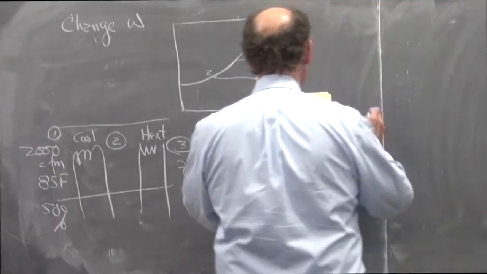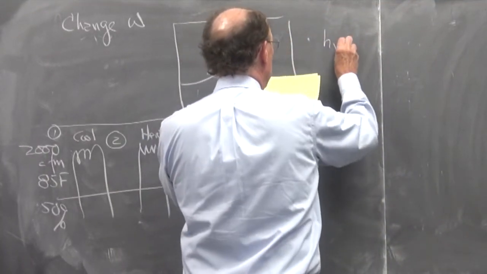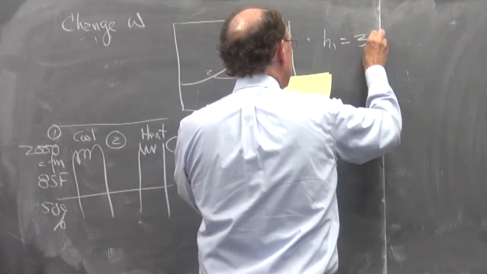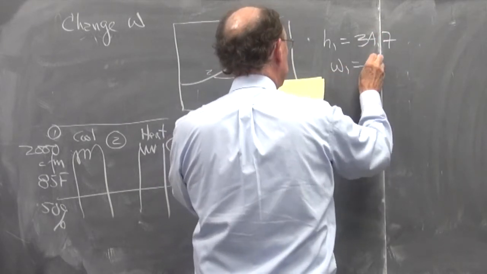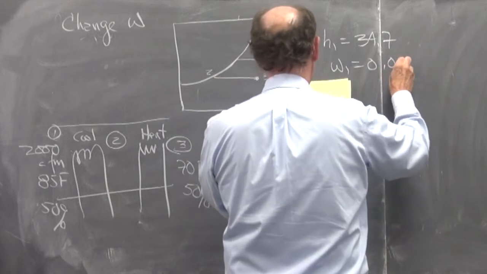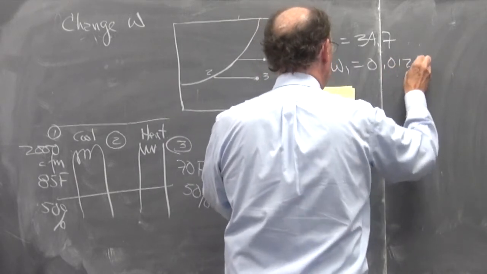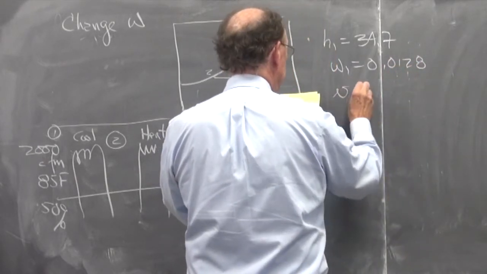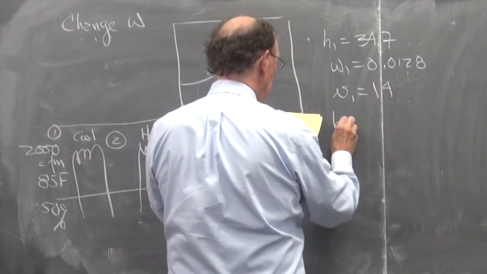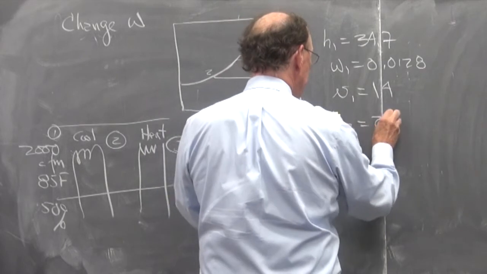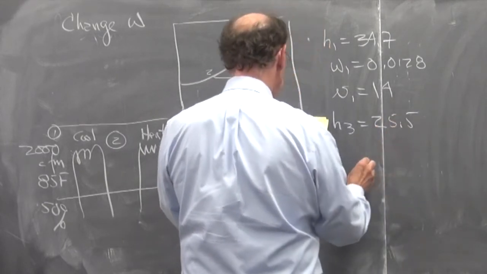Now let's look up and find out what these various enthalpy, omega, and specific volume values are. I found that H1 was equal to 34.7. Omega 1 was equal to 0.0128. Specific volume 1 was 14. H3 was 25.5 BTUs per pound mass.